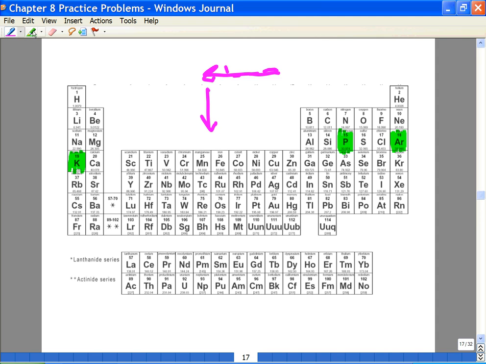So following the correct order, if we increase metallic character from left to right and down, then we can assume that arsenic is least like a metal. Phosphorus is more like a metal, but potassium is most like a metal.